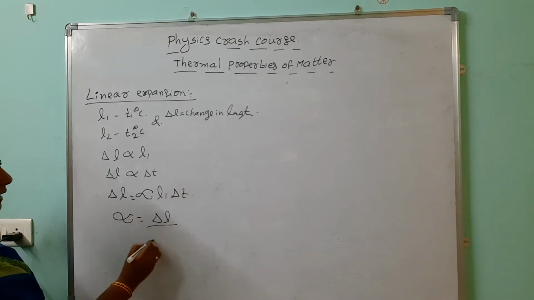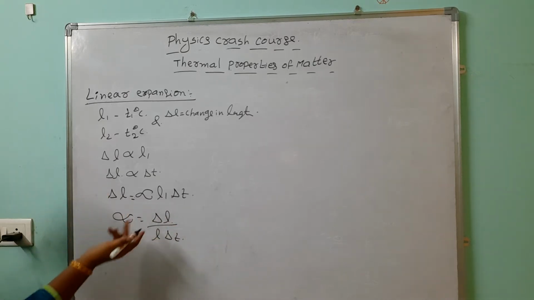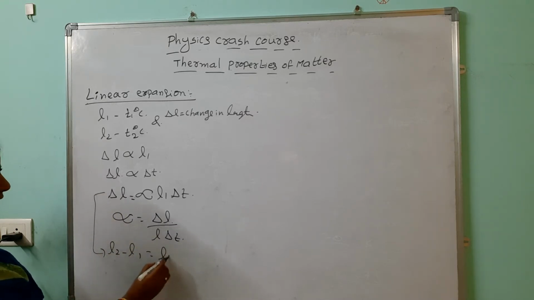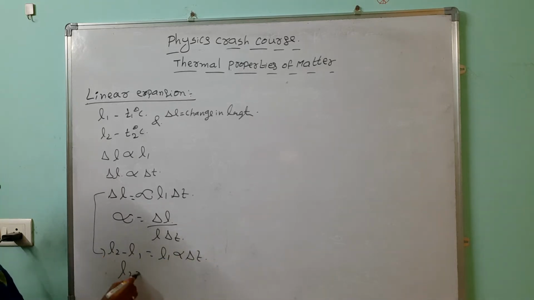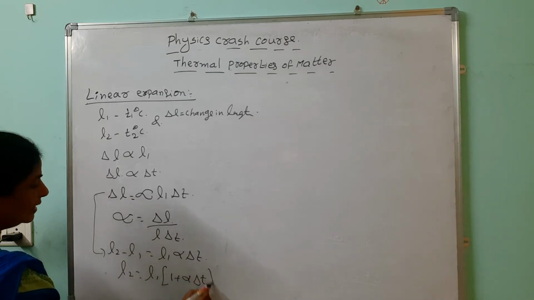Delta L by L into change in temperature. Instead of L1 we can take L also. From this you can express L2 minus L1 equals L1 into alpha into change in temperature. If you want L2, how can you take it? L2 equals L1 into (1 plus alpha into change in temperature).